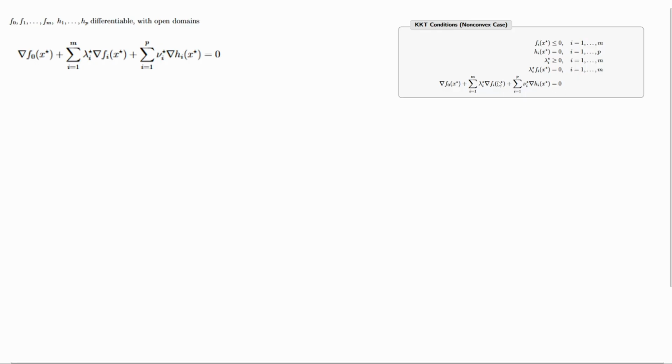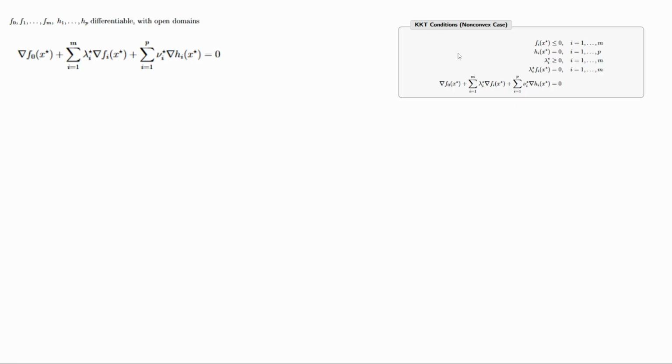And finally, we have the stationarity condition, that this equation must hold true. So any primal dual optimal pair with a 0 duality gap, convex or not, must satisfy all these conditions. So that's the non-convex direction: if the problem is optimal, then it must satisfy these conditions.